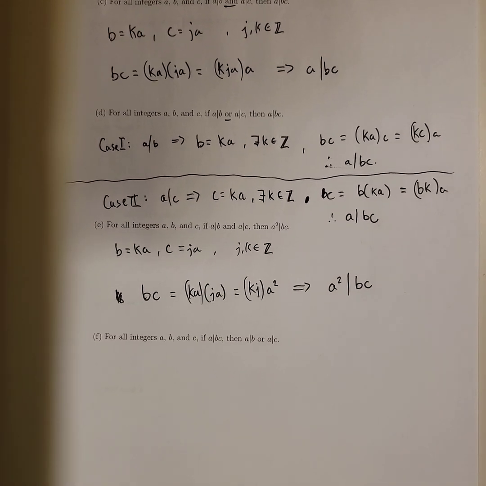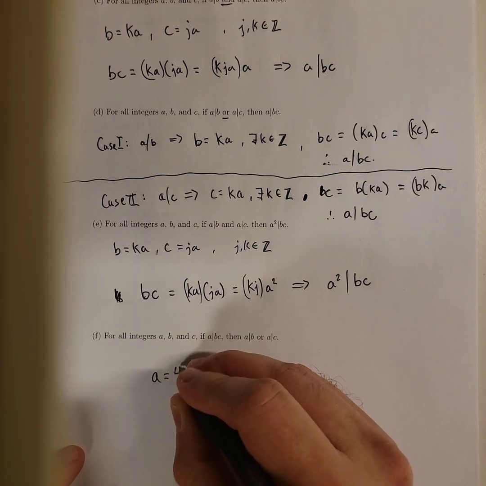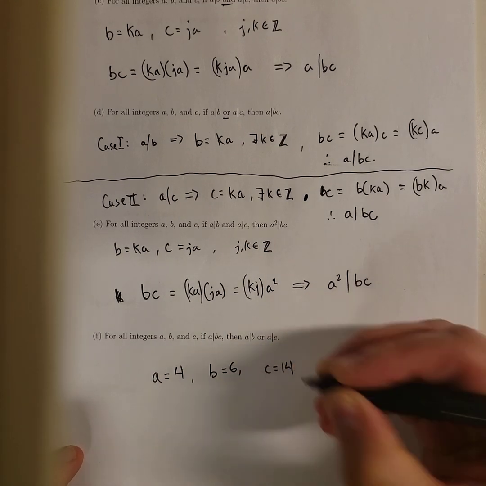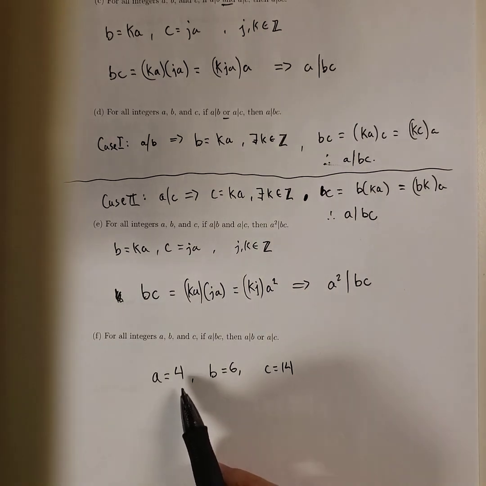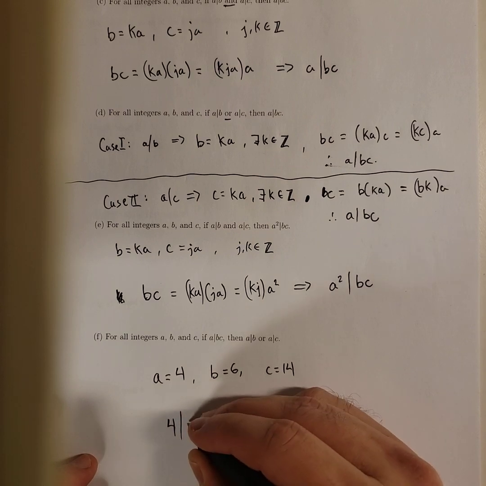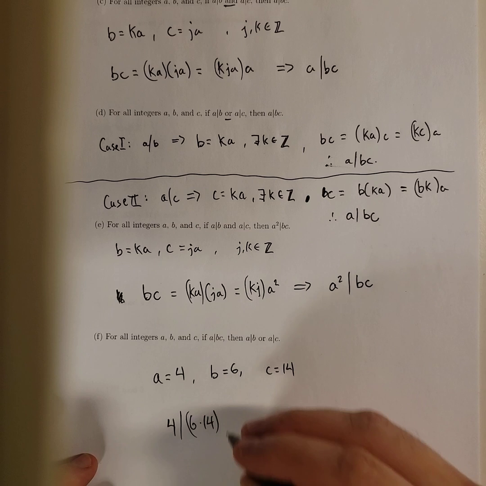But this last one ends up being false. If A divides BC, does A divide B or A divide C? So the way to get one counterexample, if you take A to be 4, B to be 6, C to be 14. The idea here is I took a value that's got two factors of 2 in it, and then each one of these only has one factor of 2. So you do have 4 dividing 6 times 14, so the if part is true.